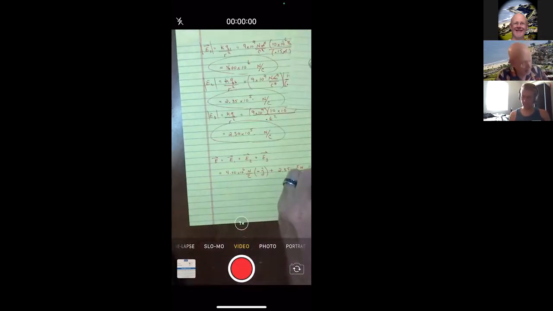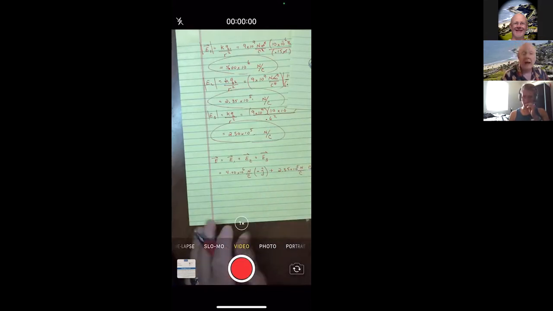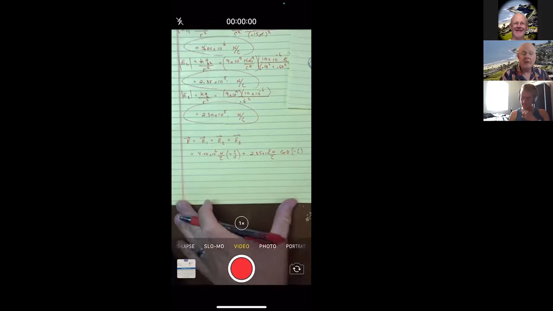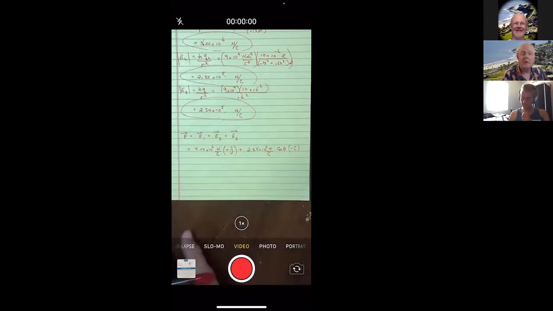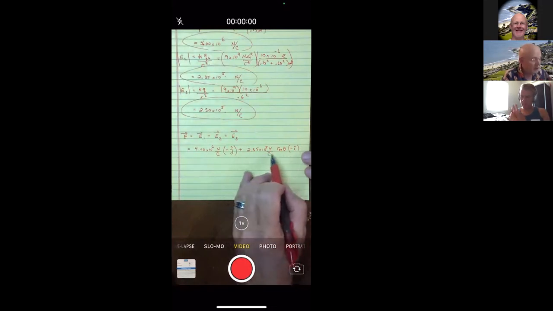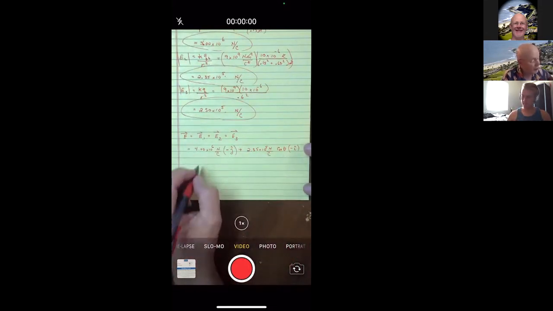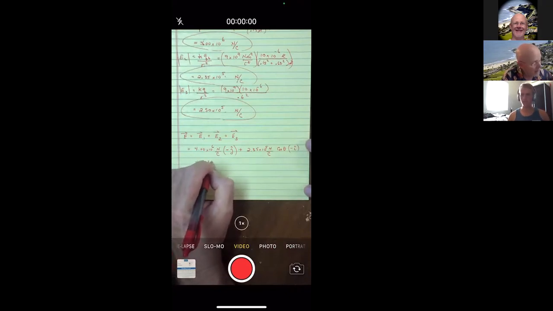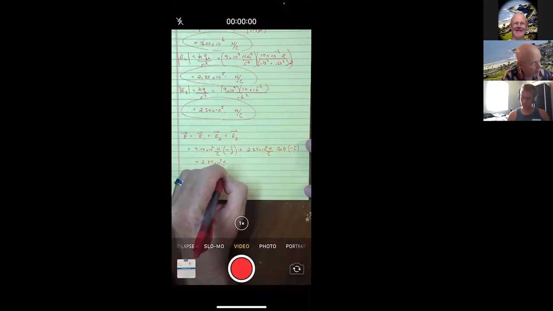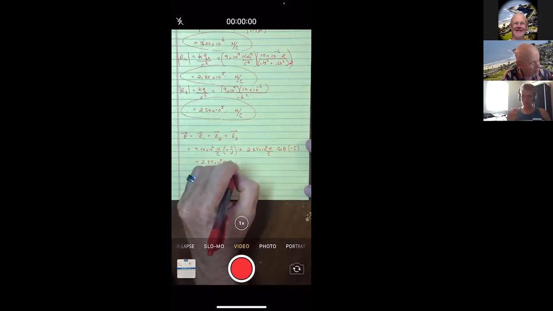And so that would be a negative i hat. Oops, get that back on the screen. So that's the first component of number 2. Let me do the y component of number 2.